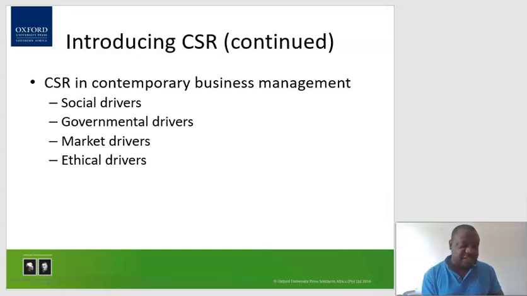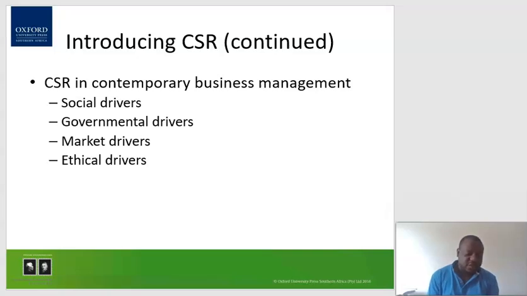Part of which is that they want to avoid fines. They also want to avoid legal costs that may come with not engaging in corporate social responsibility activities. They also want to use resources efficiently.